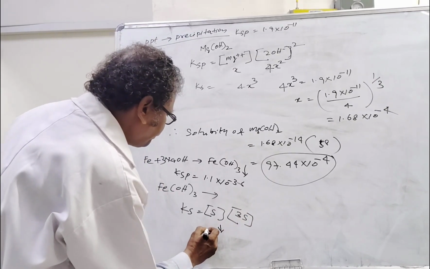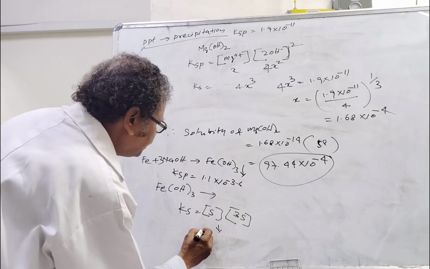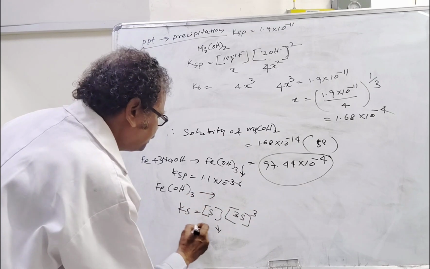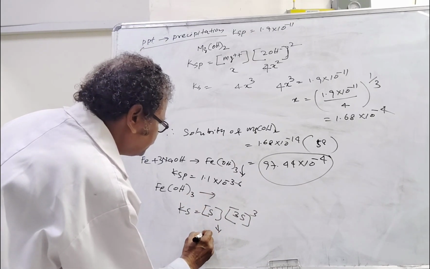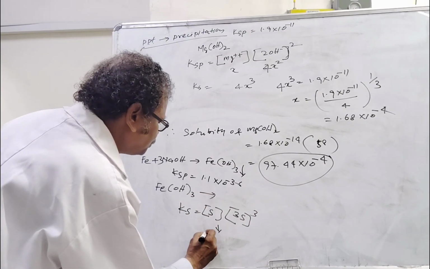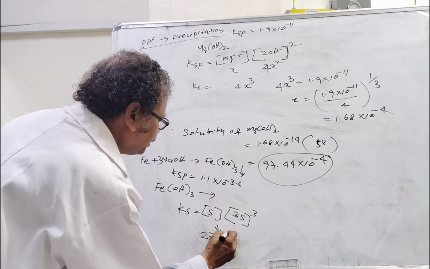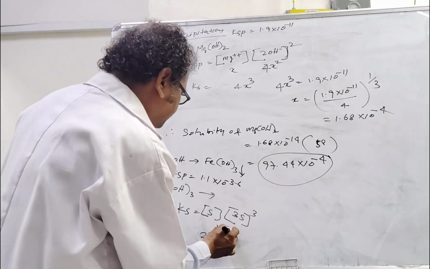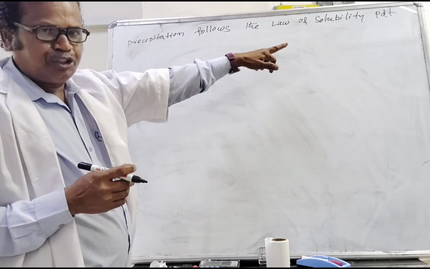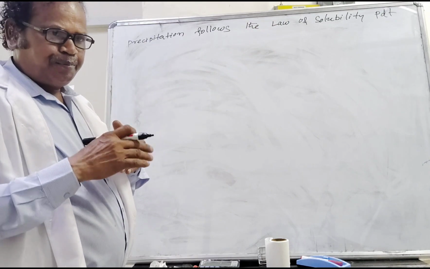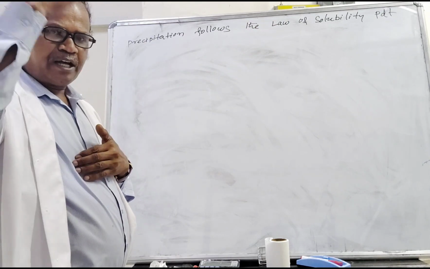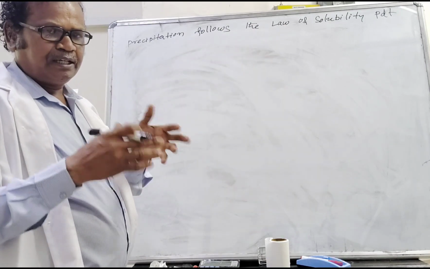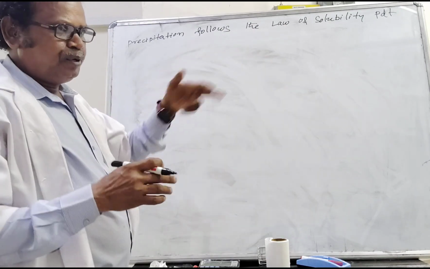It will give (3S)^3, then it is 27S^4. 27 it will give S^4. If precipitation follows the law of solubility product from the PPT tank towards the clarifier, and the total law of solubility product completes in the clarifier. So we will discuss now.